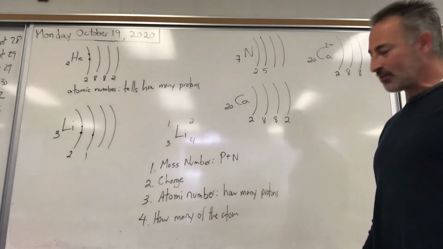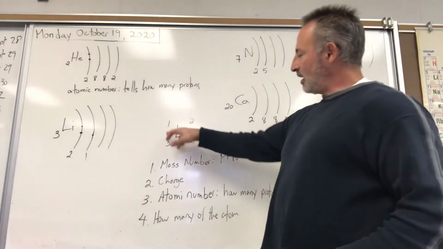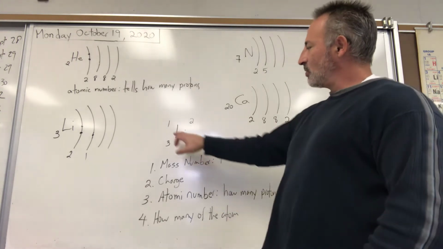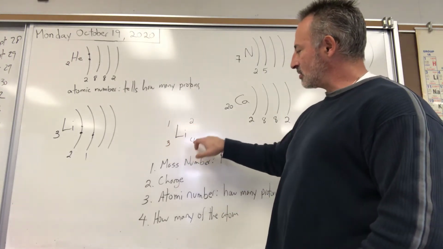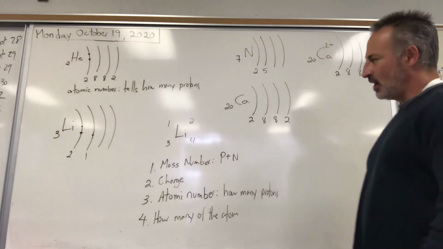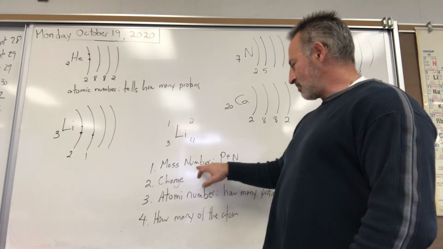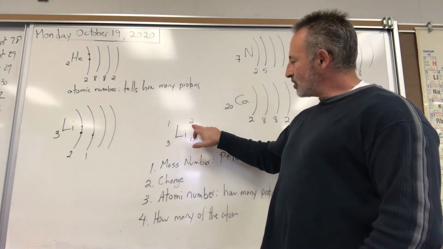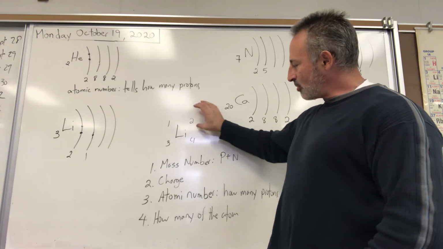One of the things you're going to have to answer is a key for the atom. What information does each position around the atom contain? So position 1 is the mass number, and it is the total of protons plus neutrons. Position 2 here is where you put the charge, top right.